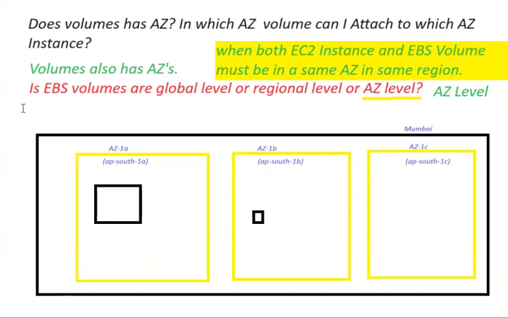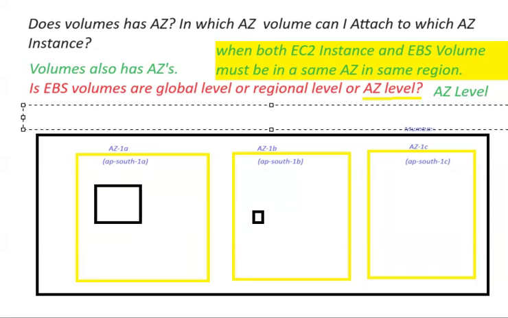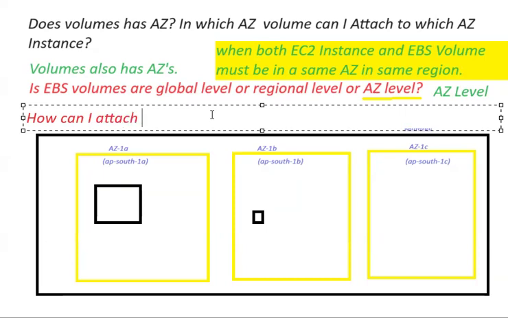The question is, how can I attach a 1b volume to a 1a availability zone EC2 instance in the same region?